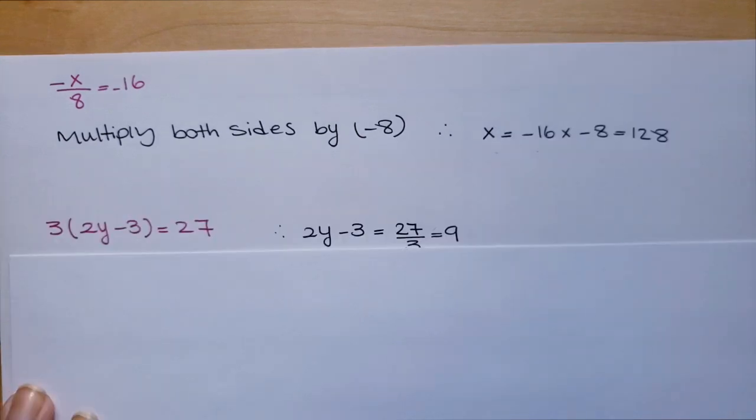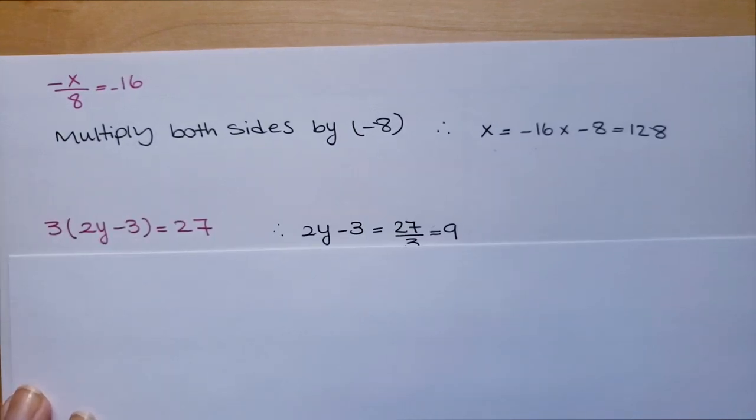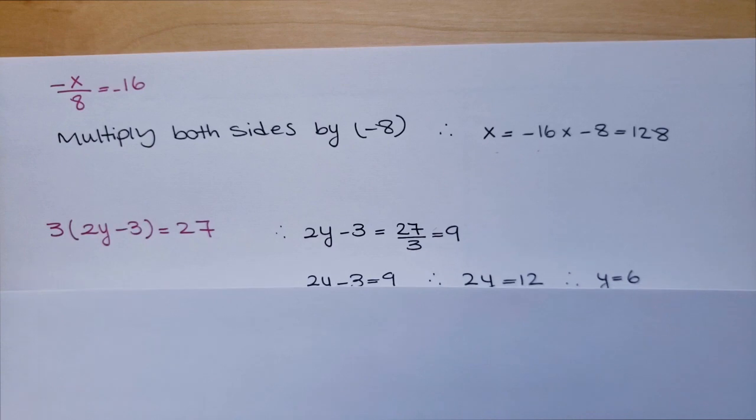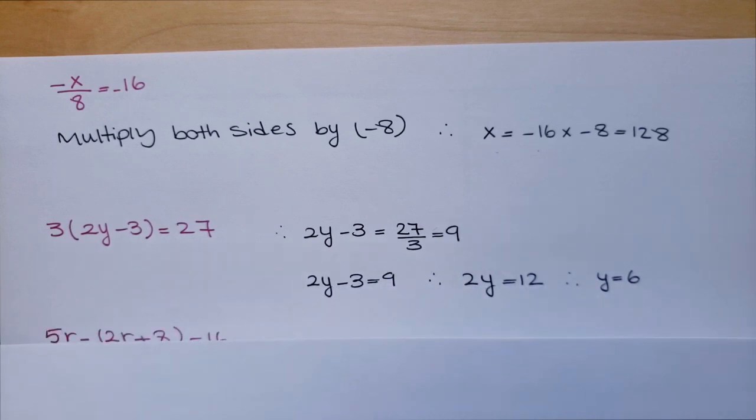128. Couple of more. So here, before we proceed to solve this one, I can simplify both sides by 3. So 2y minus 3 would be 27 divided by 3, which is 9. Because I believe working with the smaller numbers is much easier.